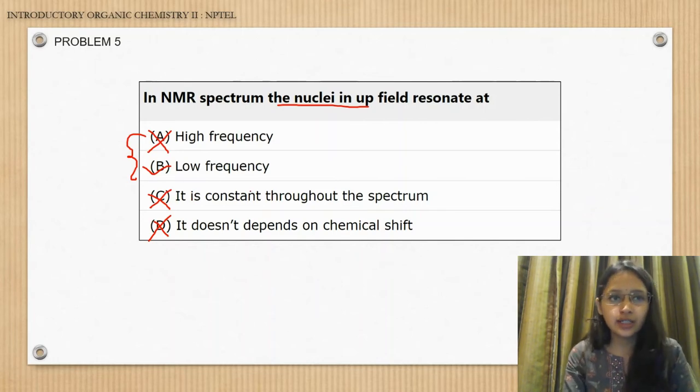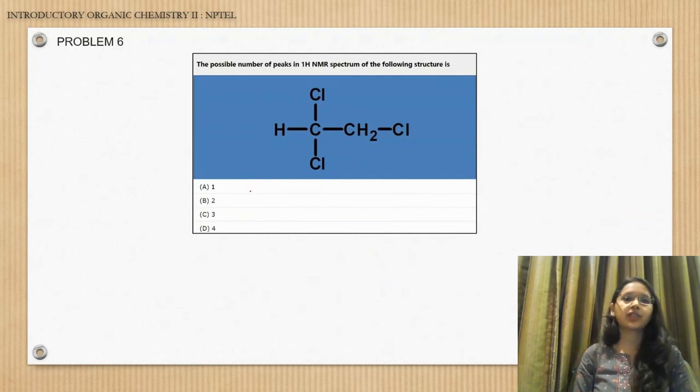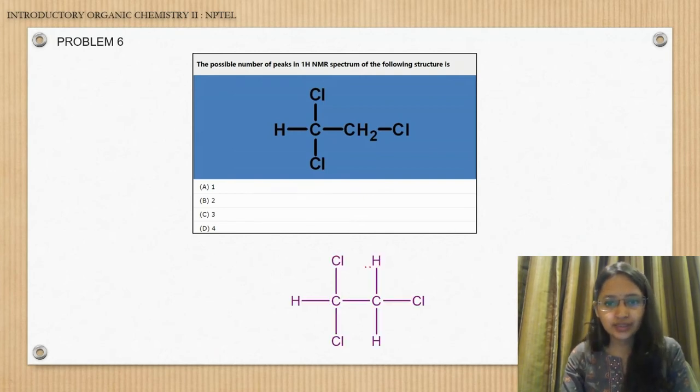Now I'm coming to the problem 6. In the problem 6, they are asking the possible number of peaks in one HNMR spectrum of the following structure. So this is the structure. I have expanded this structure. So they are asking the number of peaks again.